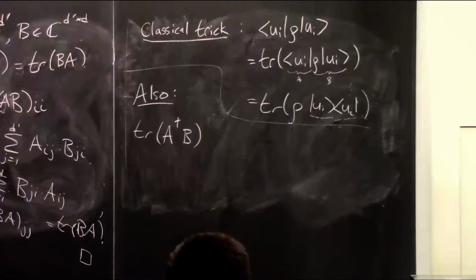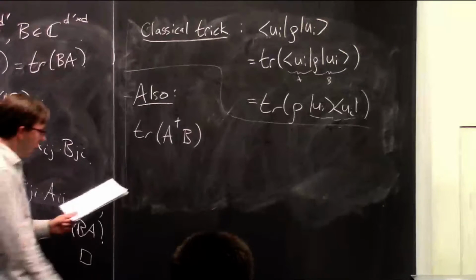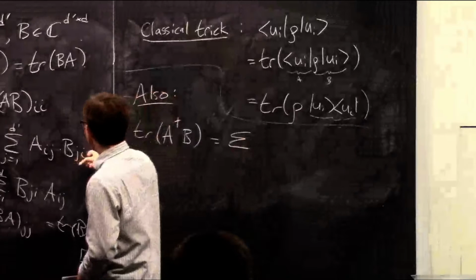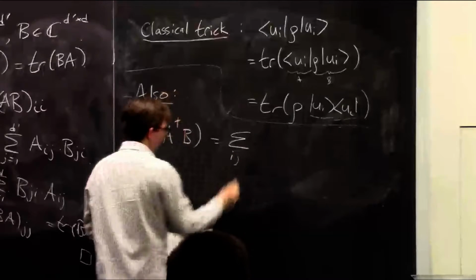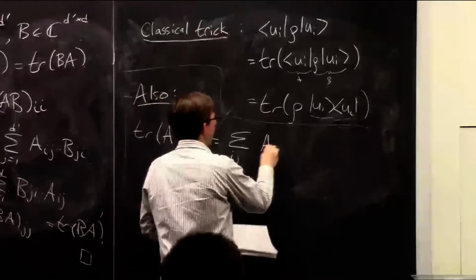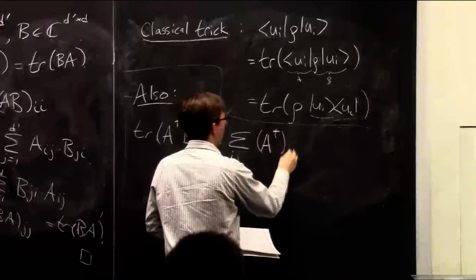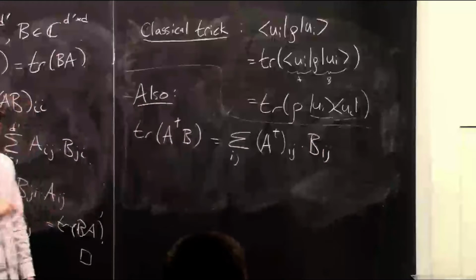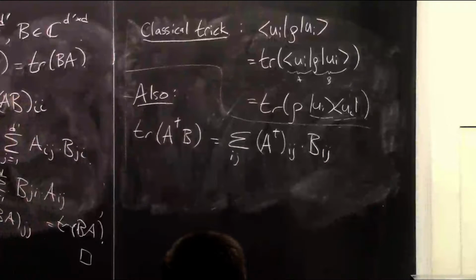Well, I can use these self-same formulas. And we'll get that this is the sum, I guess I'll just use this formula right here, over i and j of A dagger's ij-th entry times B's ji-th entry. OK, and dagger is basically transpose, which exchanges rows and columns.